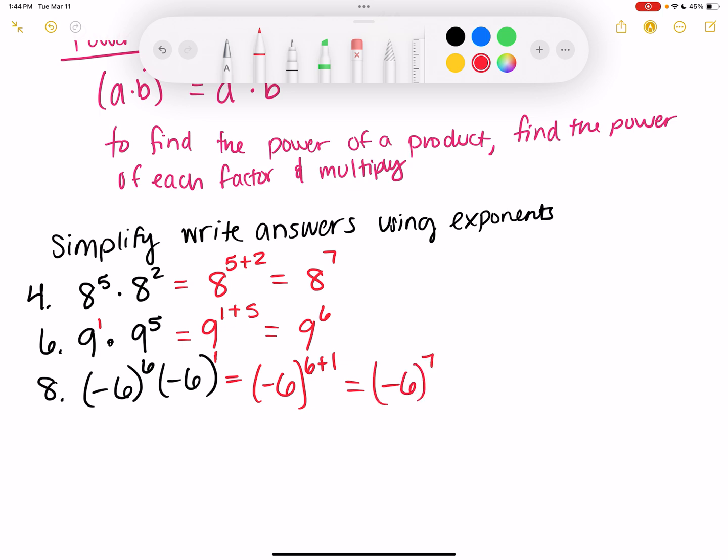Notice I'm keeping those parentheses, because if I don't, I'm going to end up with the wrong final answer. So the base just follows through. I'm never multiplying that stuff. The base follows through. It's just the exponents that are changing on these.